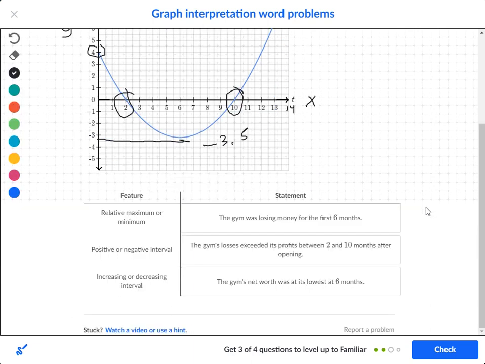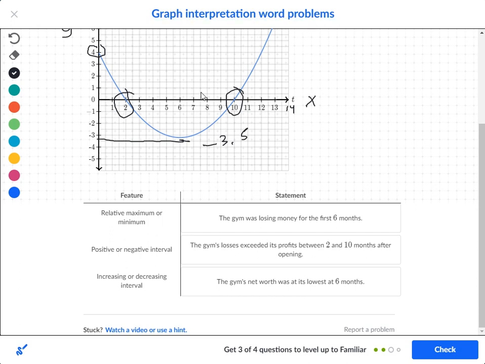So let's see what some of the questions are asking. Okay, it's not talking about any of the x and y intercepts. So let's talk about the gym was losing money for the first 6 months. The gym's losses exceeded its profits between 2 and 10. It says the gym's net worth was at its lowest after 6 months.